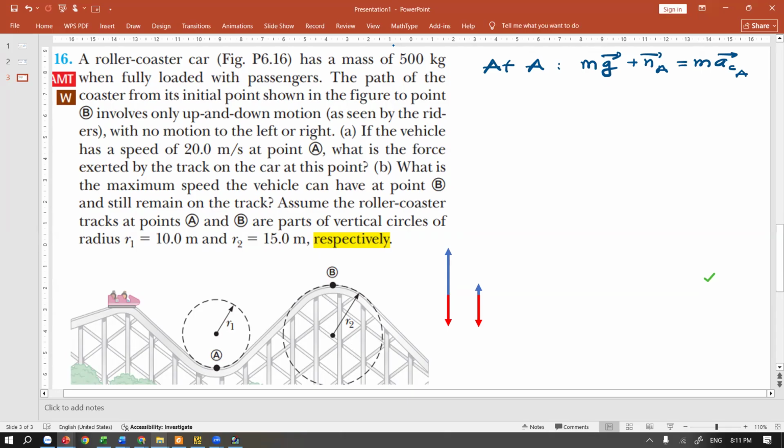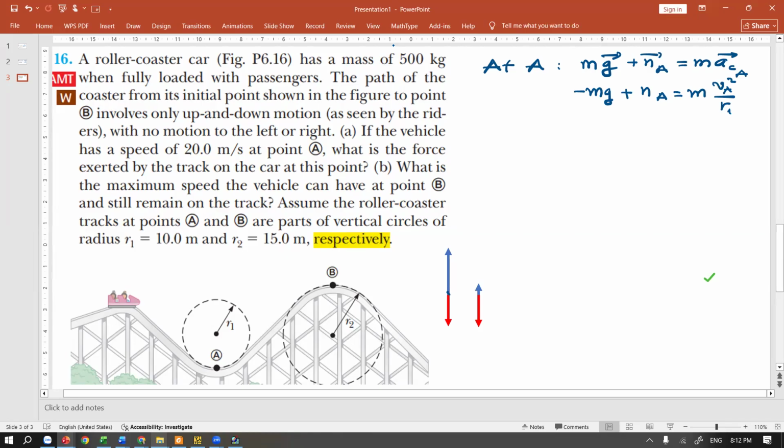Then from the graph here, you will see the mg will have the negative value, NA positive, and here you have m v_A squared over R_A, right? R_A is R1.